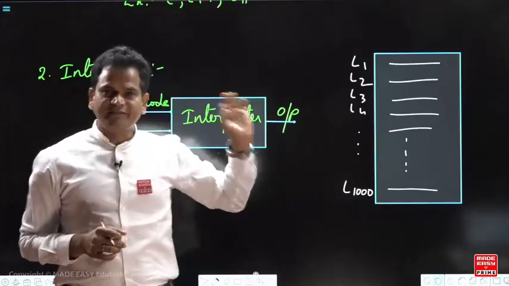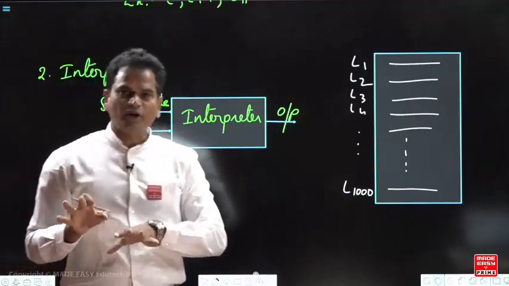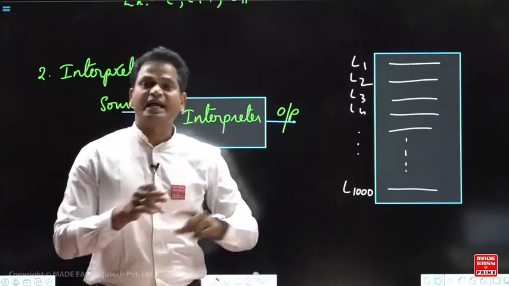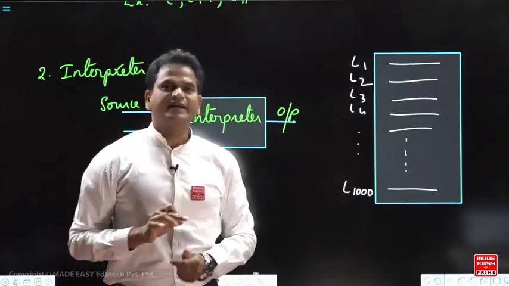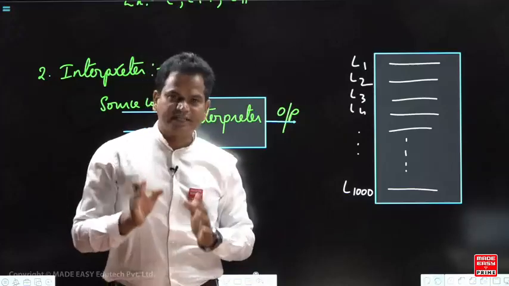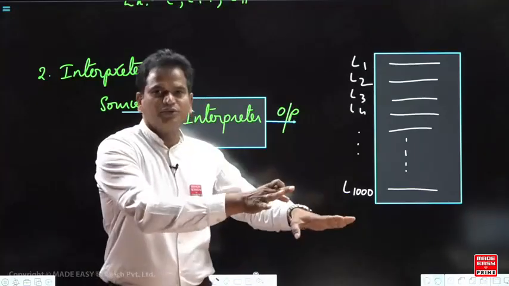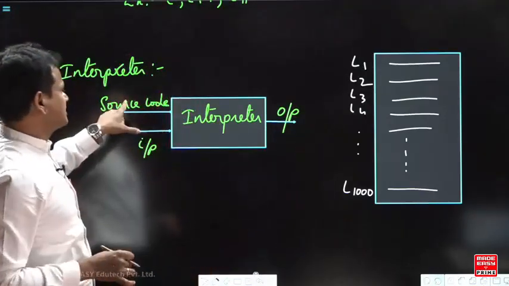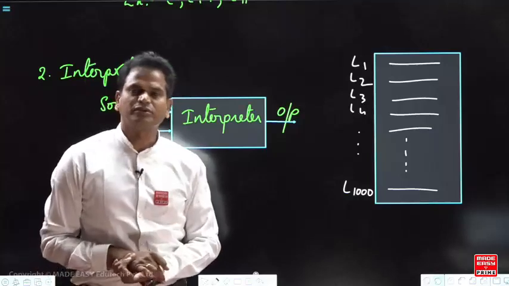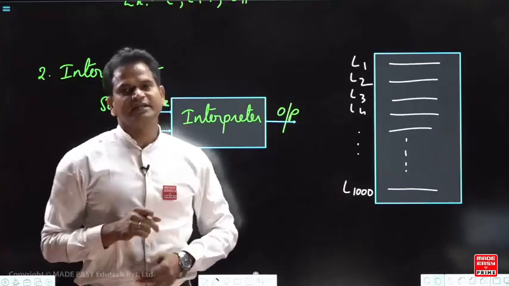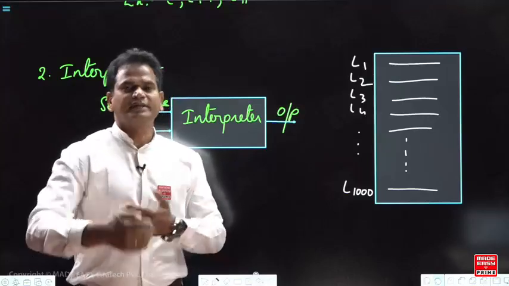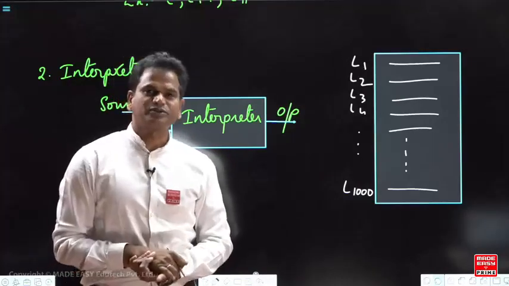So it is difficult for the end user to do any modification in the source program in the case of compilation. In the case of interpretation, if you are giving this program to the end user, you have to supply the entire source code, so the end user can easily do modifications in the source program.